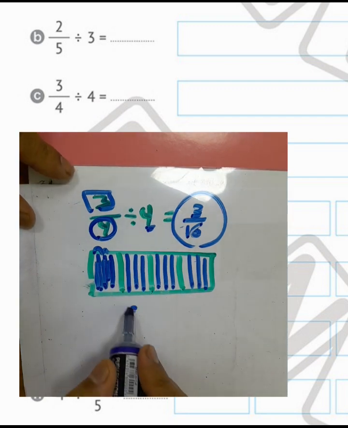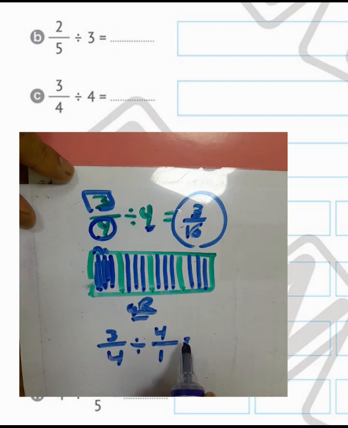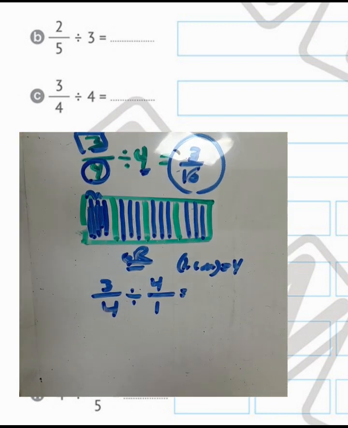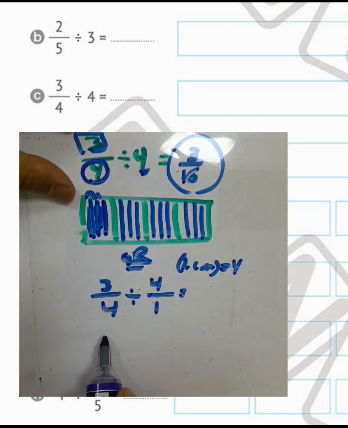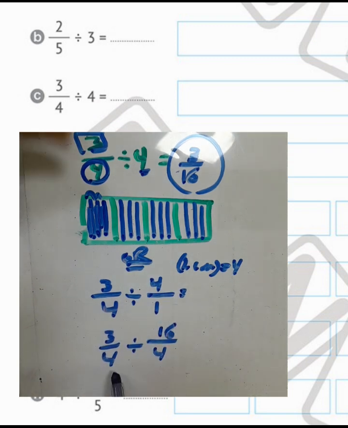Okay, or you can solve this example by finding the least common multiple between the two denominators here, 4 and 1. The least common multiple between 4 and 1 will be what? 4. Okay, and then we will put 3 over 4 divided by 16 over 4, because 1 times 4 equals 4, and 4 times 4 equals 16.